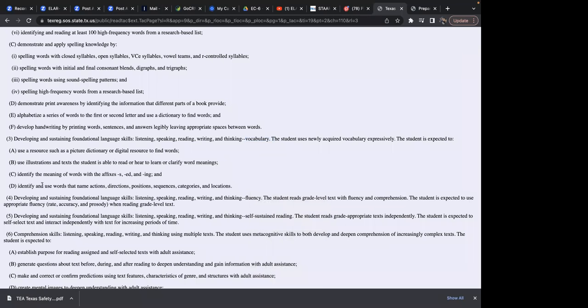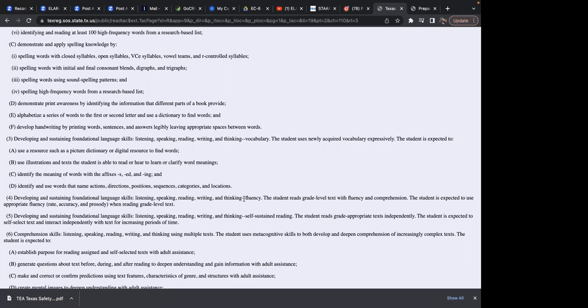Use a resource such as a picture dictionary or digital dictionary to find words. Use illustrations and text the student is able to read or hear to learn or clarify word meaning. Identify the meanings of words using affixes: S, ED, and ING. And use words that name actions, directions, positions, sequences, categories, and location.